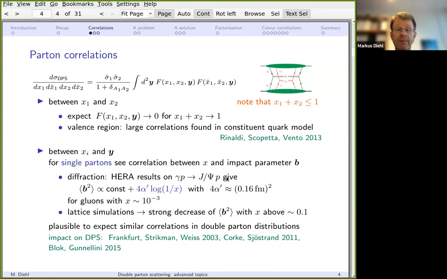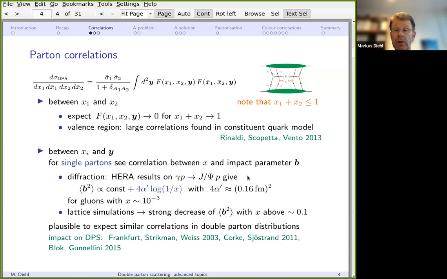So it describes that the transverse proton size, in a sense, or more precisely here, the places where you find gluons, changes if the gluons have changed their momentum fractions.